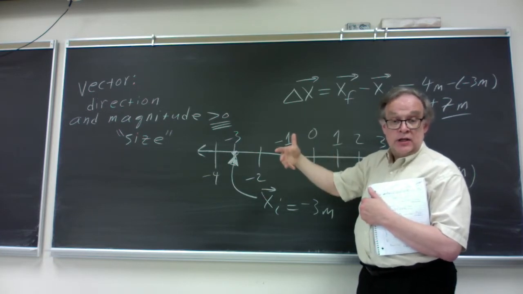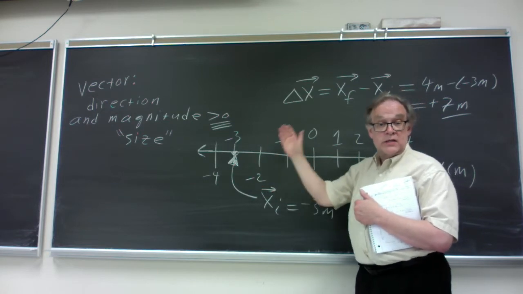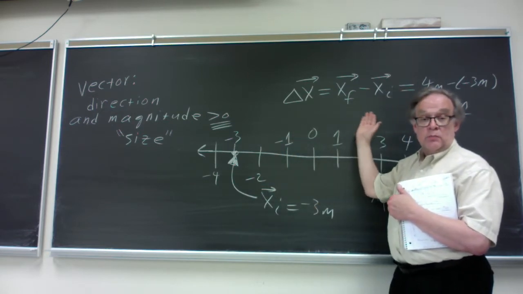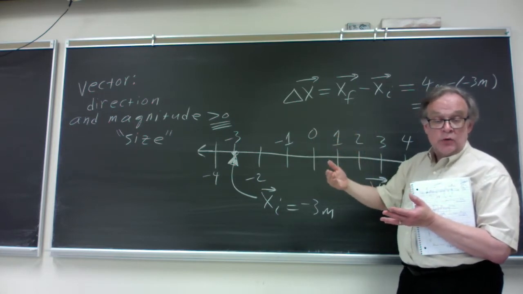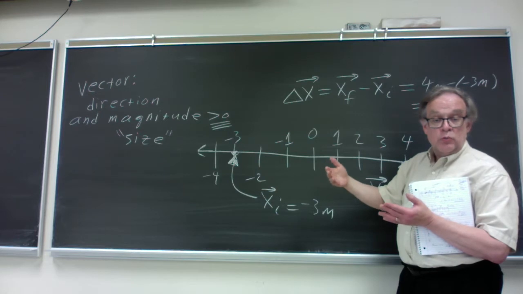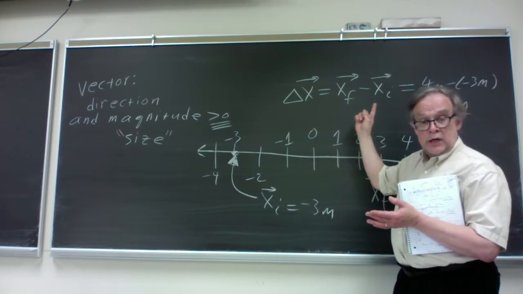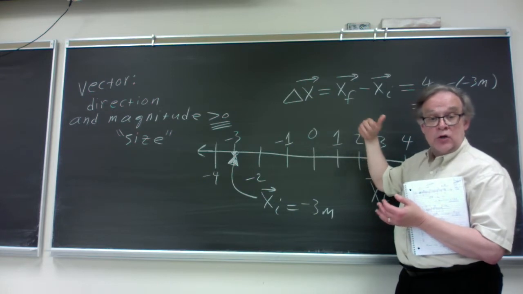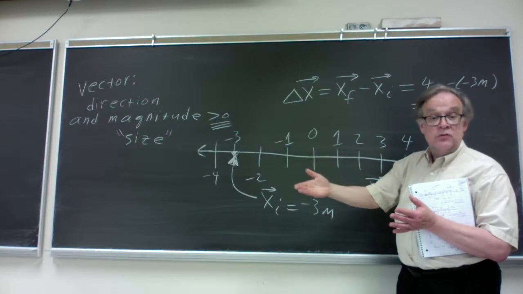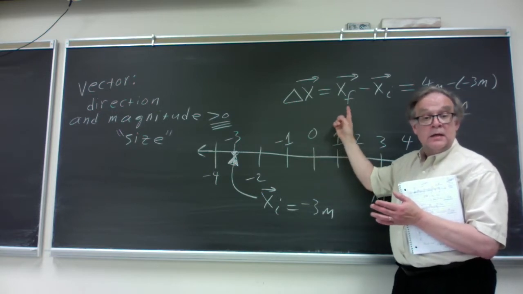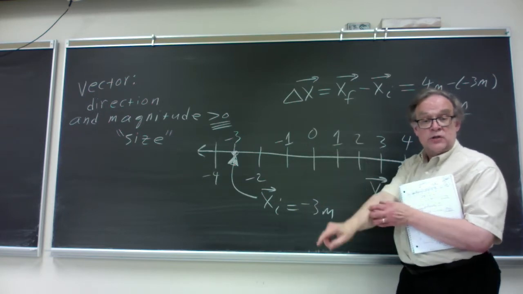And change in anything we always think of in the same way, always, final value minus initial value. That is, in this case, we're watching something move around, and at the initial moment when we first start watching it, here's its location, the initial location, and later on when we're finished watching it, at the end of its motion, it's at the final location, and x_f represents the final location.